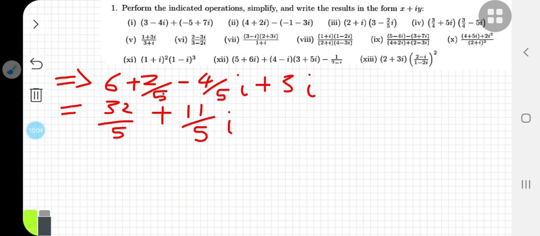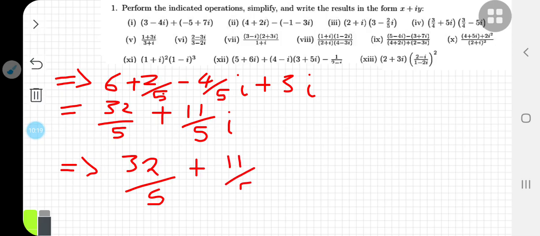And that becomes our solution: 32 over 5 as our real part, plus 11 over 5i as our imaginary part.